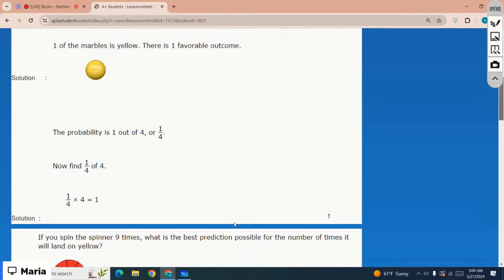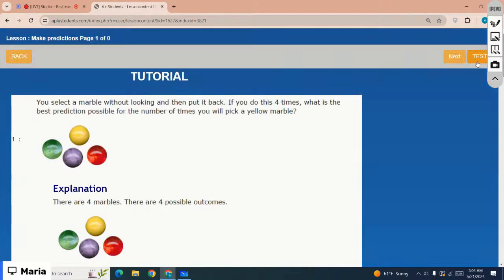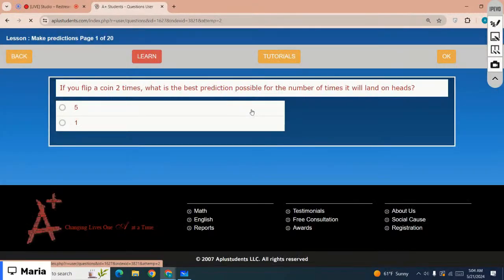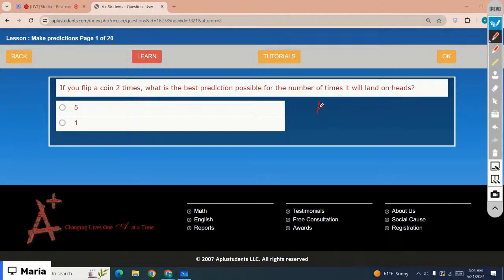Let's just start with the test questions. If you flip a coin 2 times, what is the best prediction possible for the number of times it will land on heads? So when you flip a coin, you have only two possibilities, the head or tail.